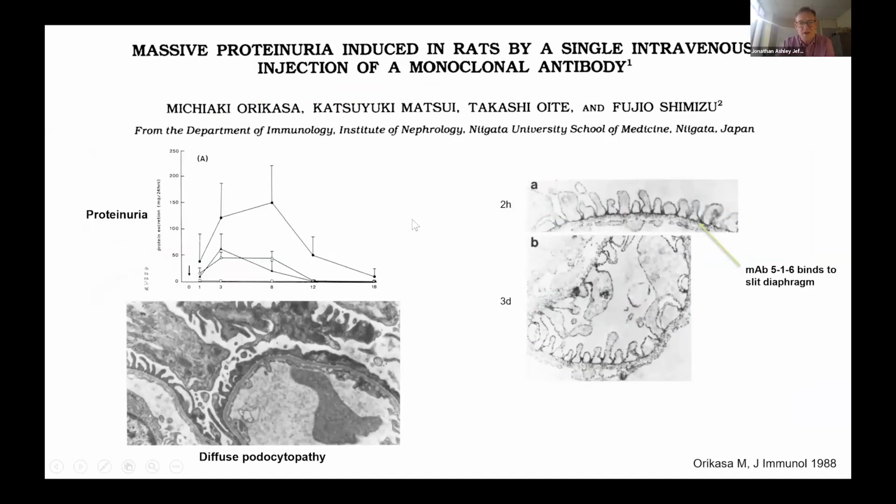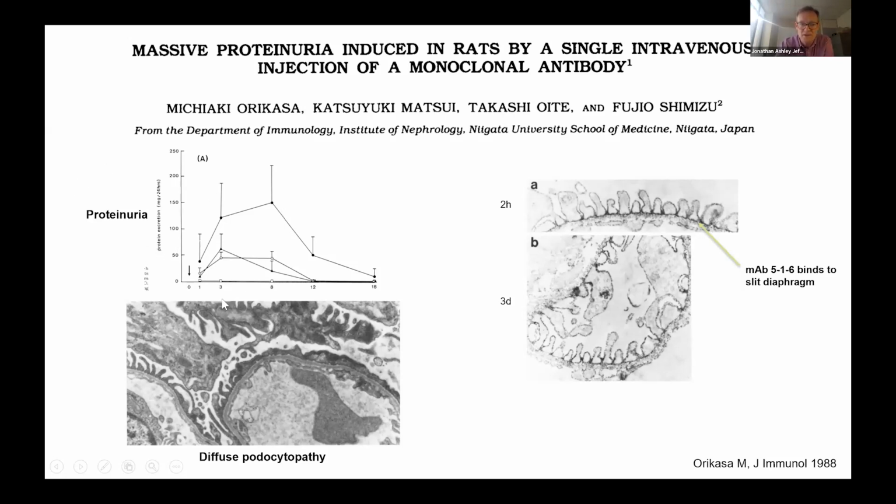So the anti-nephrin story actually goes back many years. This is about 40 years ago when this paper was published. This Japanese group developed an antibody, which they called antibody 516. They immunized BALB/c mice with ground up and collagenase digested rat glomeruli and isolated the immunoglobulin.